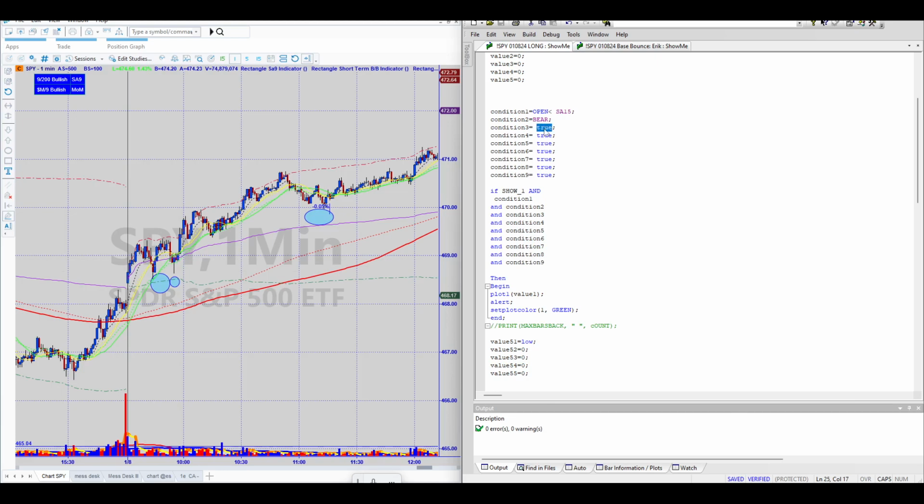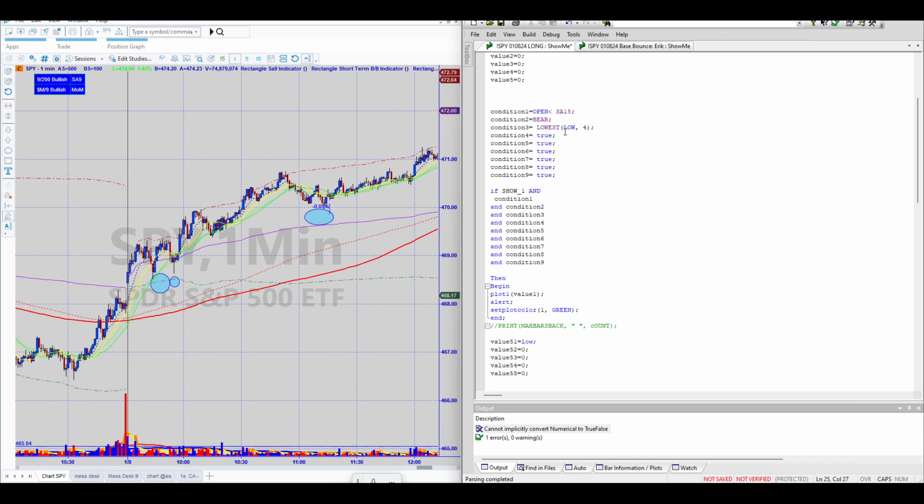You would do lowest low. I already have that, and I think I might need to just put low. I told you I don't use this often.